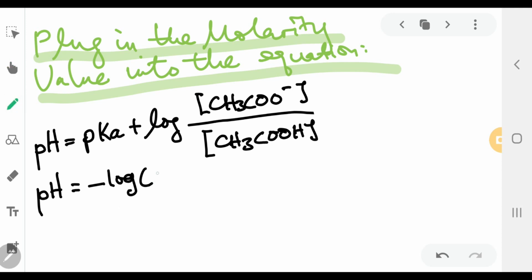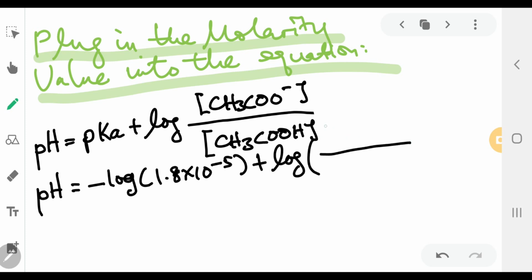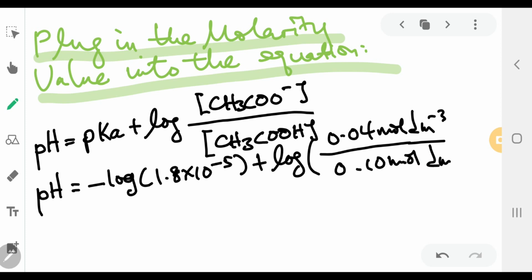So you have 1.8 times 10 to the power of negative 5 plus log. We have 0.04 mole per decimeter cubic and 0.10 mole per decimeter cubic.